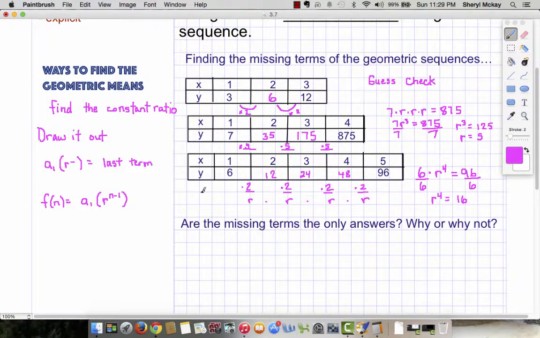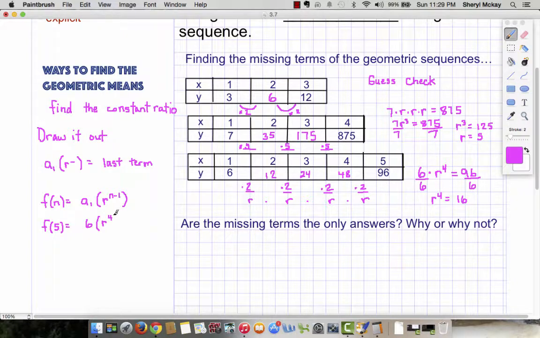So let's see if that would work for us on this one right here. We said f of 5 is equal to the first term, which is 6, times r to the n, which is 5, minus 1, so r to the 4th.